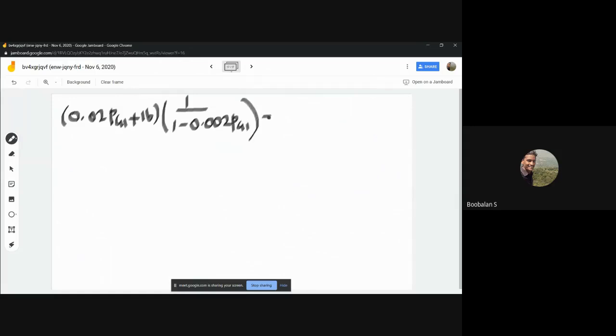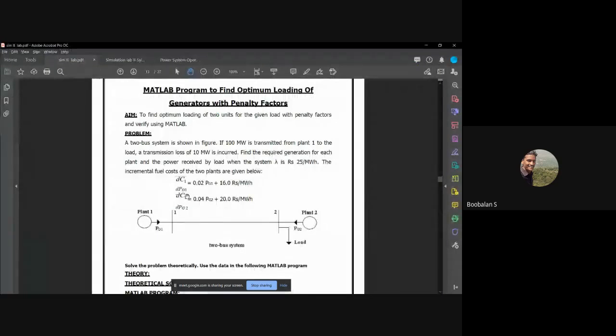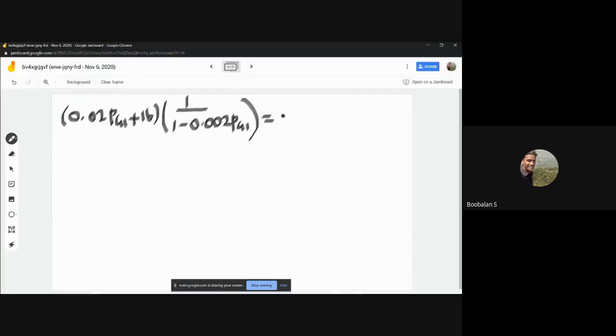Equal to the second equation: differentiate C2 with respect to PG2, that is 0.04 PG2 plus 20, into L2. This equation is equal to the lambda value 25, right?